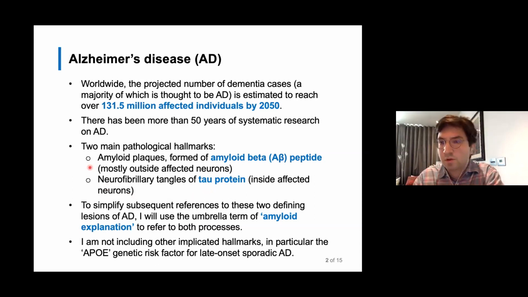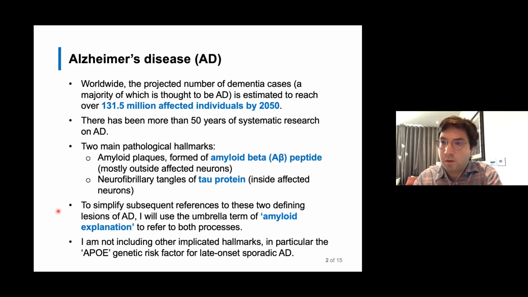Usually the first hallmark is used in the AD field for an explanation called the amyloid cascade hypothesis. But for simplicity, and this is not technically 100% correct, I'll refer to both these hallmarks as the amyloid explanation of AD.